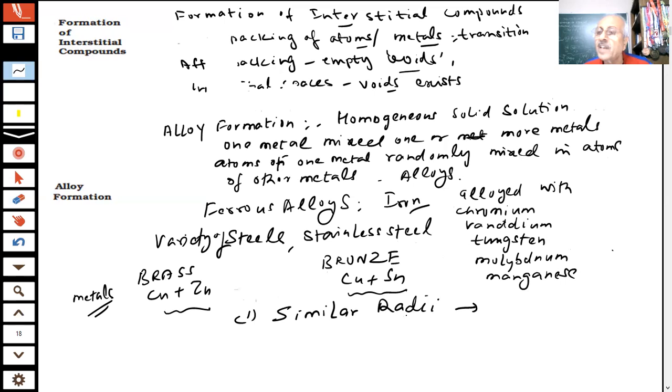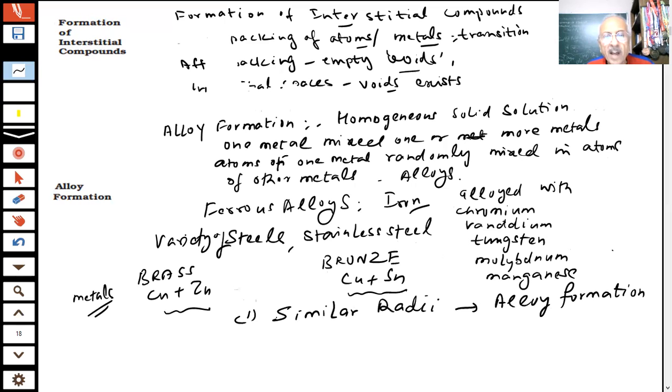So if the sizes are almost equal and quite similar to each other, then alloy formation will take place. If there is a large difference in their sizes, then alloy formation is not possible. If the size is similar, it is easy to mix.